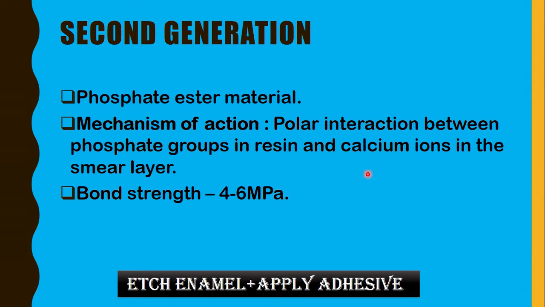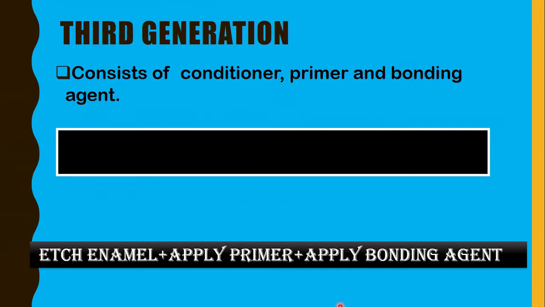The mechanism of action here is the polar interaction between the phosphate groups in the resin and the calcium ion in the smear layer. They comprise phosphate ester materials. The bond strength is 4 to 6 megapascal, and here also we etch enamel and apply the adhesive.